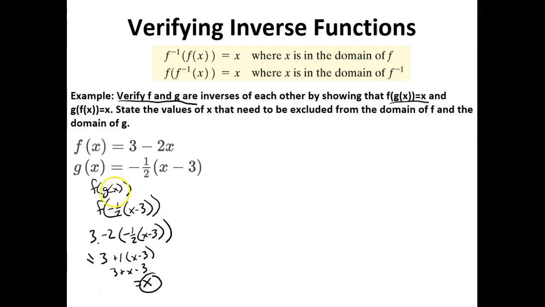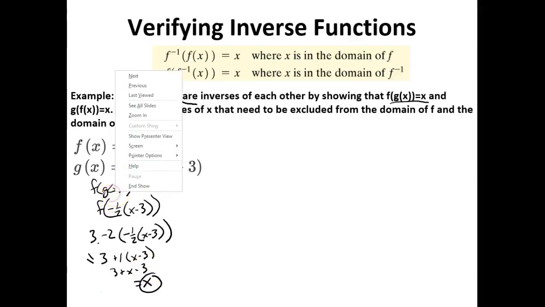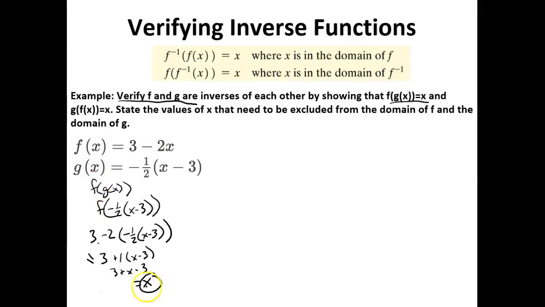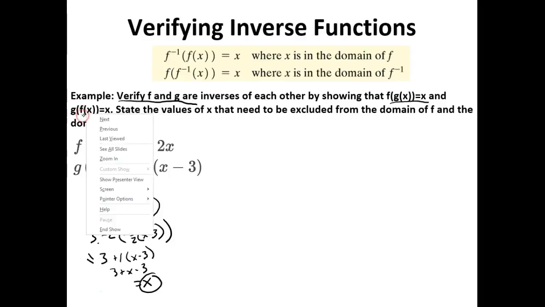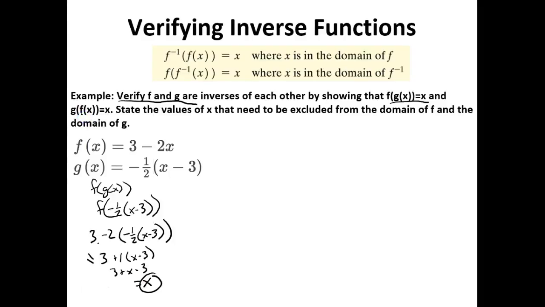If I take an x, put it into g, what I get out, put it into f, it gets right back to x. If I put f of x into g, so if we put f of x into the function g, we'd be taking what we get out of f, the 3 minus 2x, putting it into g.